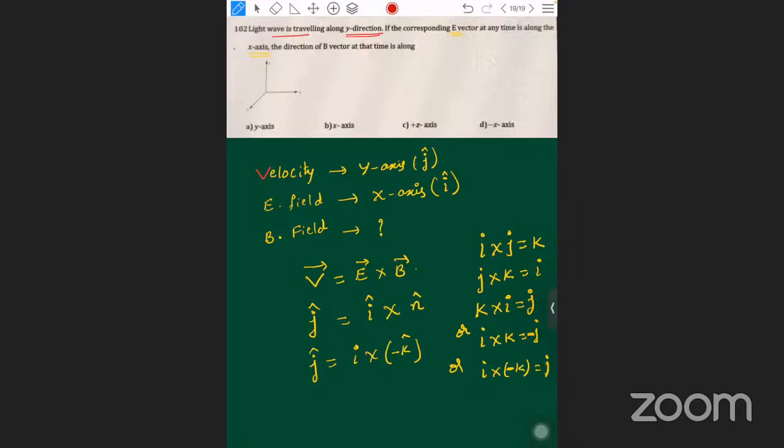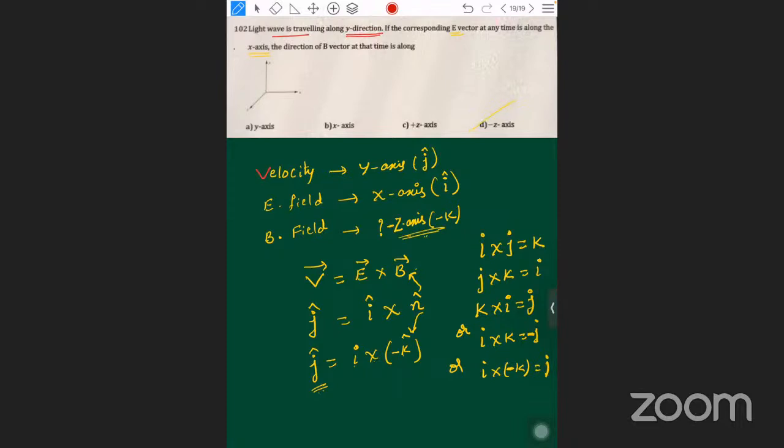So i cross minus k is nothing but j. So in the place of n, what we have? Minus k. n means magnetic field. So magnetic field should act like minus k, means it should be along the minus z axis. So option D is the right answer.